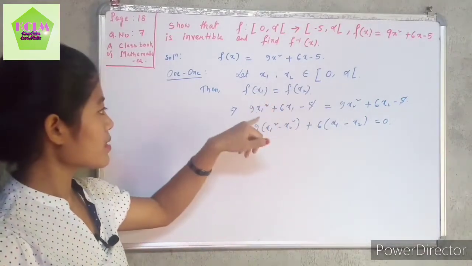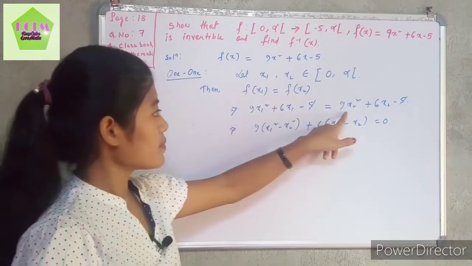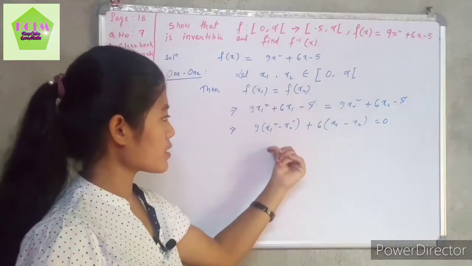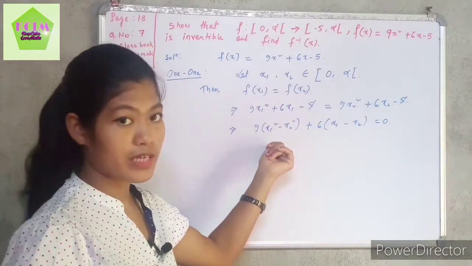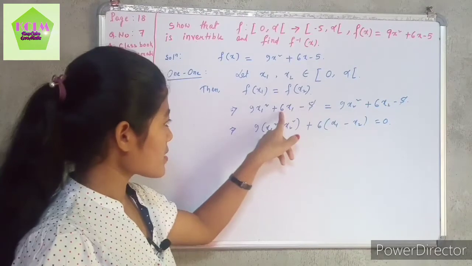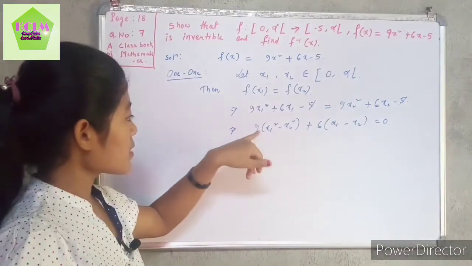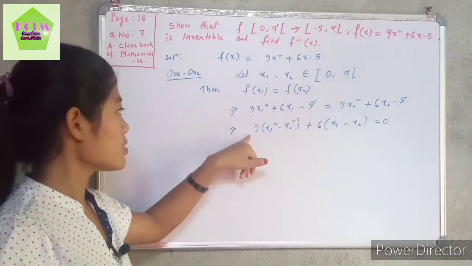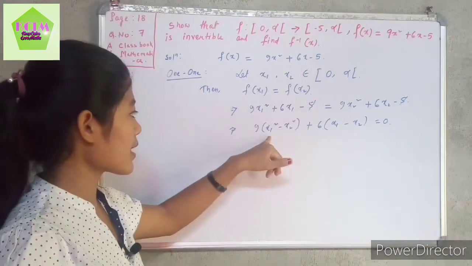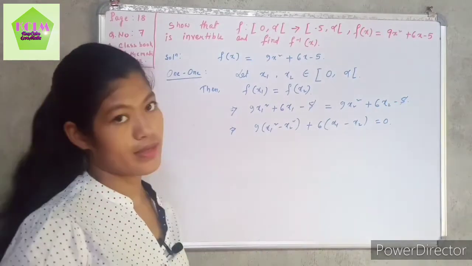The remaining are 9x1 square. If we take it to the left hand side, then it becomes negative. So 9x1 square minus 9x2 square plus 6x1 minus 6x2. Now we take 9 as common. Then 9 into bracket x1 square minus x2 square plus 6 into x1 minus x2.